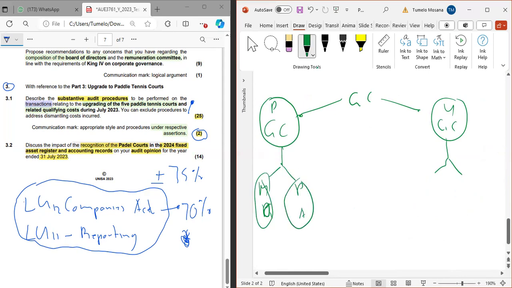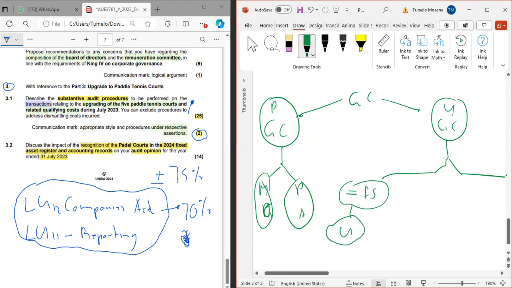If there is uncertainty about the going concern, we first need to check whether it can be disclosed in the financial statements. If it can be disclosed accurately, you would issue a material uncertainty related to going concern, so basically an unqualified report.